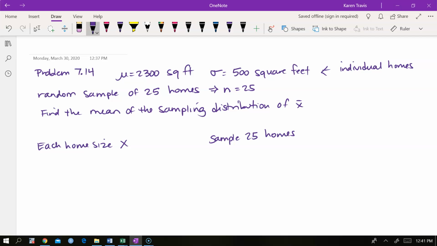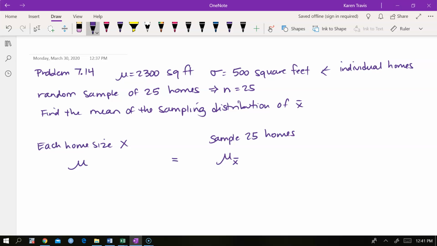So in this story, what we have learned is that the place where we get the mean and standard deviation of the sampling distribution comes from the fact that the mean of the X bars is the same as the mean of the X's.